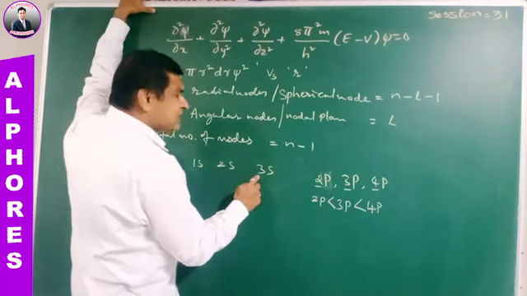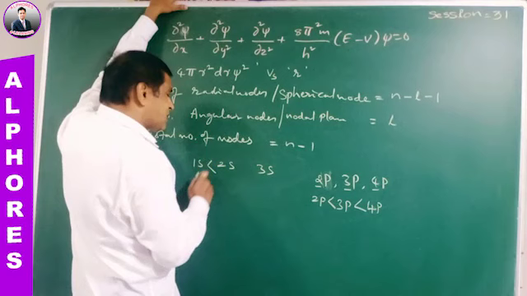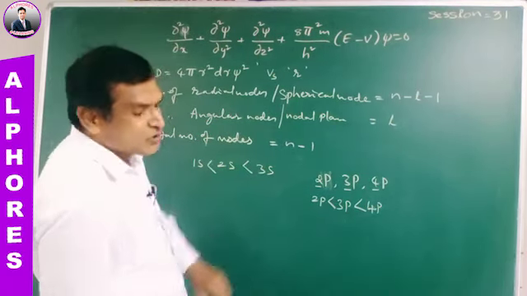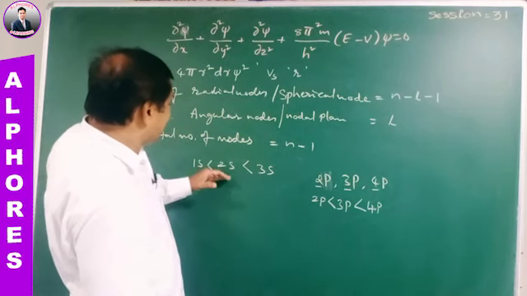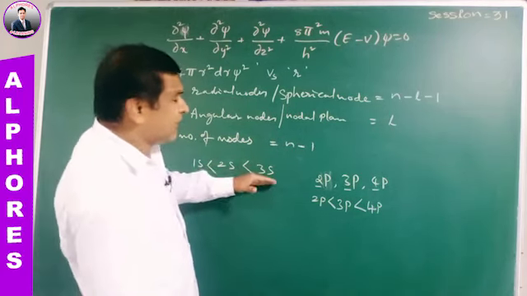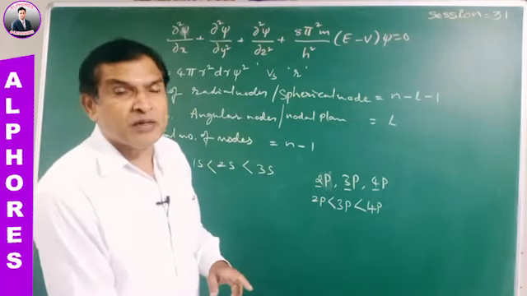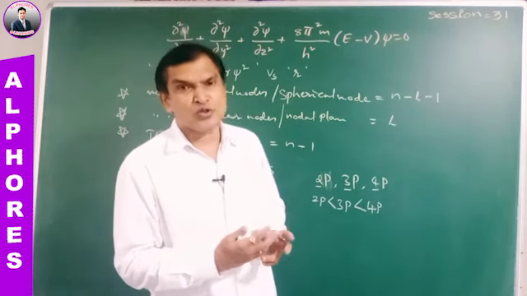As n value increases, energy also increases. The energy of 1s is less than 2s, the energy of 2s is less than 3s. So as the principal quantum number increases, size increases and energy also increases.